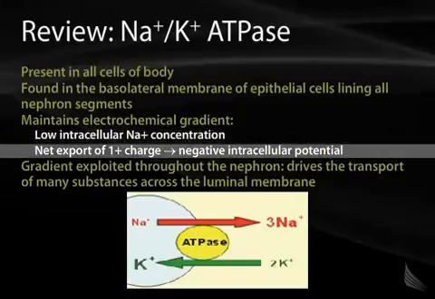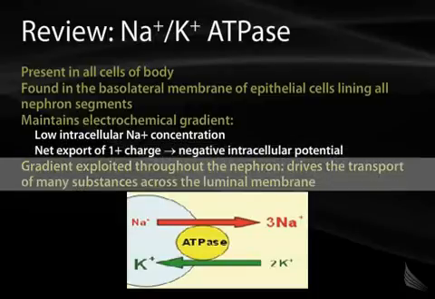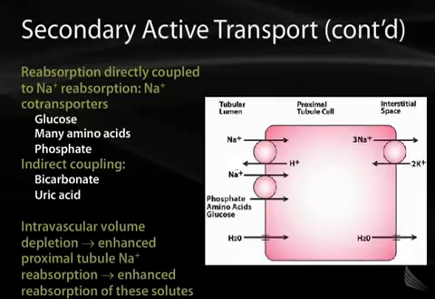Also, the net export of a positive charge creates a negative intracellular potential, which also promotes sodium and other cationic reabsorption. This gradient is exploited throughout the nephron, and it drives essentially all of the transport that occurs in the tubular epithelial cells. Reabsorption via secondary active transport is either directly or indirectly coupled.